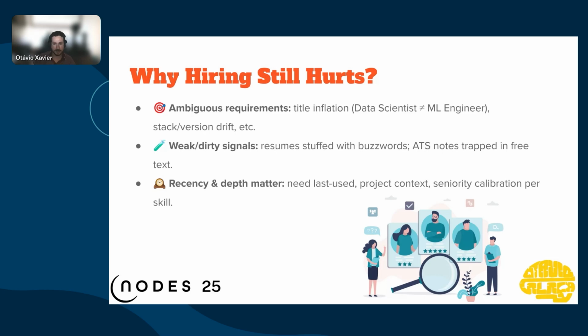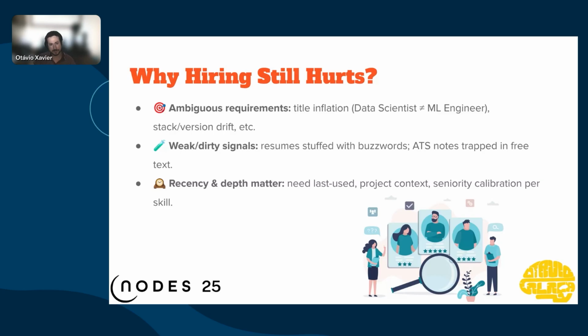One example is data scientist or data engineering or ML engineering and so on. Sometimes when you describe the job, it's so ambiguous that there is no way to identify which position is actually this one.